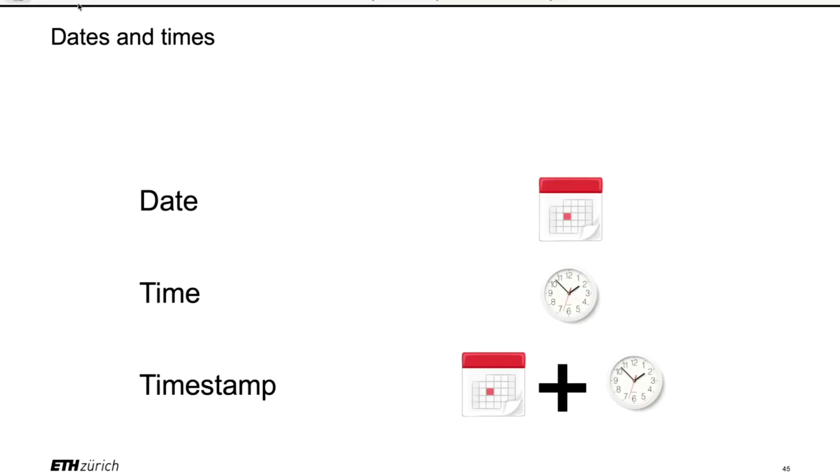Then we have dates and times. Dates and times are particular for several reasons. The first reason is it's very complex, much more complex than numbers or strings and so on. It can be very complex. The second reason is that when new systems or new programming languages are invented, they are usually forgotten. Everybody remembers to offer strings and numbers and so on, but the dates and the times, they come later, right?